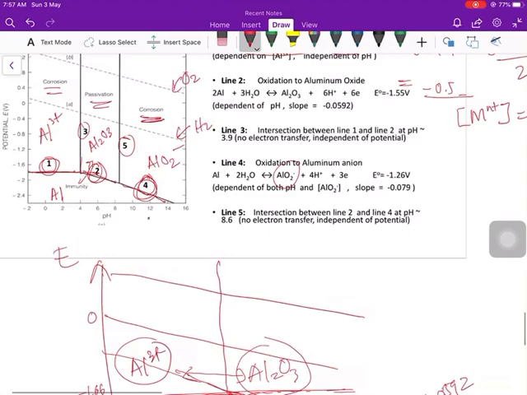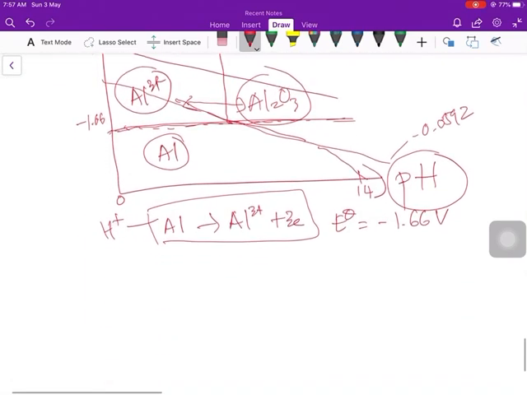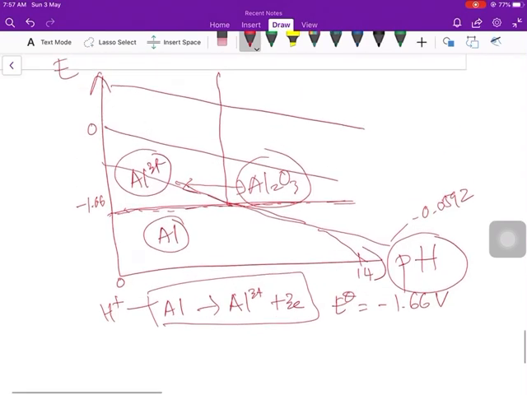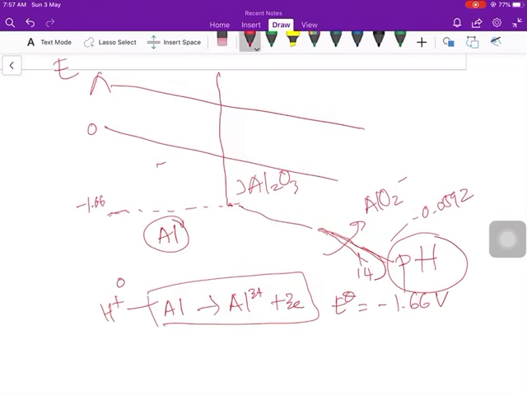So the fourth line is about this reaction, to make the boundary between the immune metal, Al0, and the anion, the formation of anion. So a different slope. And this line, you can erase the overlapping slope here, the horizontal.